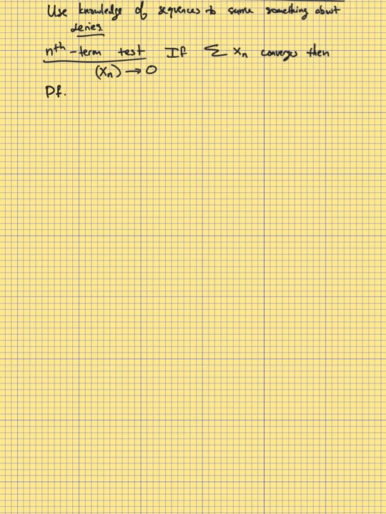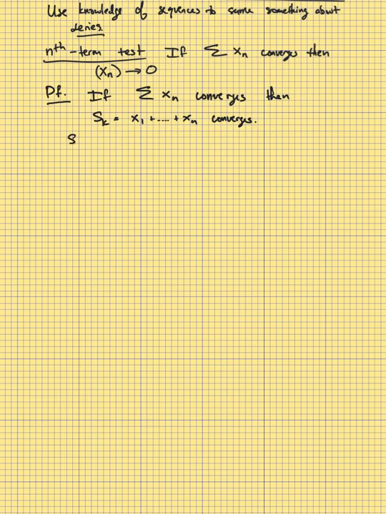All right, so let me give the proof. Okay, so if the sum converges, then what you know, well, this is just saying that the s sub k's converge. All right? Now, how do we get information from this about the x sub n's?